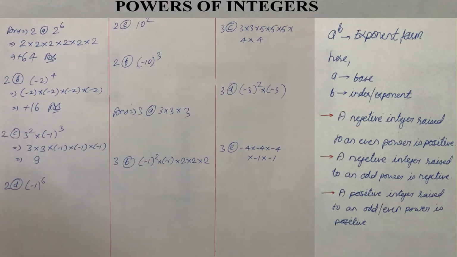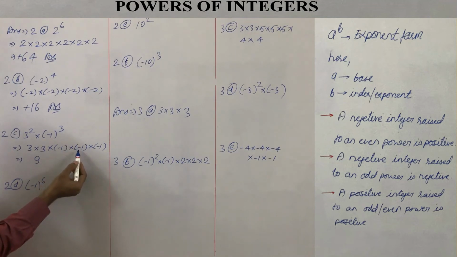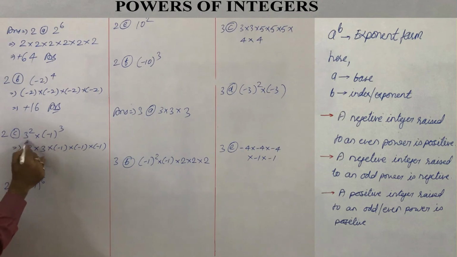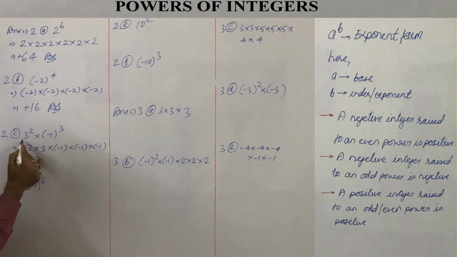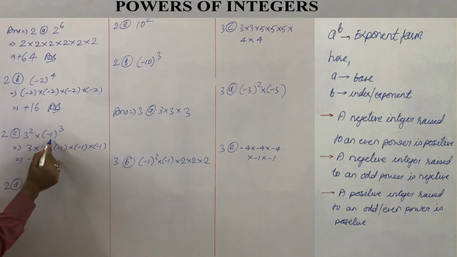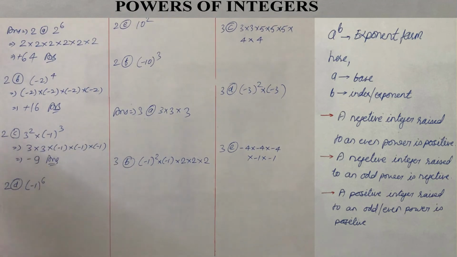Then the sign: a negative integer with odd power is always negative, and the multiplication of a positive and a negative integer, positive multiplied by negative, is negative. So minus 9 is the answer.